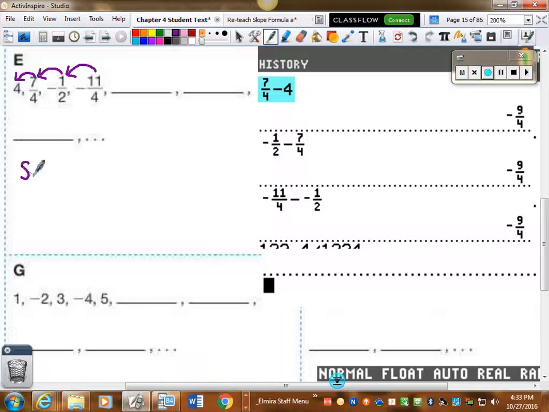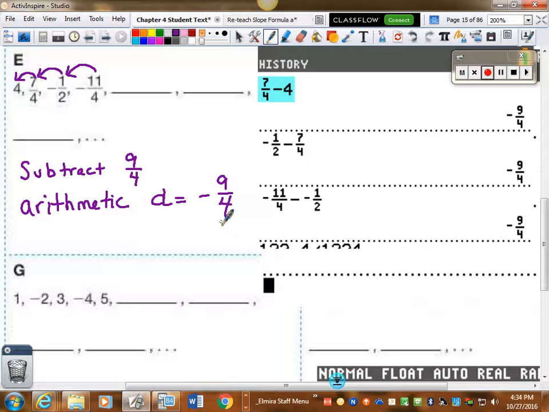So the pattern is that I am subtracting 9/4 every time. Subtract 9/4 for each term. Therefore, it is arithmetic, and D equals negative 9/4. So that's calculator work, guys. You've got to do that on the calculator.